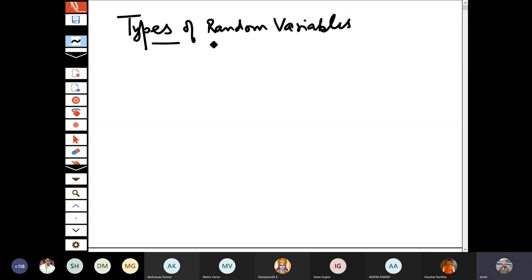The random variables are classified according to the values that they take. You have seen that, for example, if we toss a coin, we look at the number of heads, or if you toss a dice, you look at the outcome, or you look at the sum if there are two dice. So certain values are taken, isn't it?